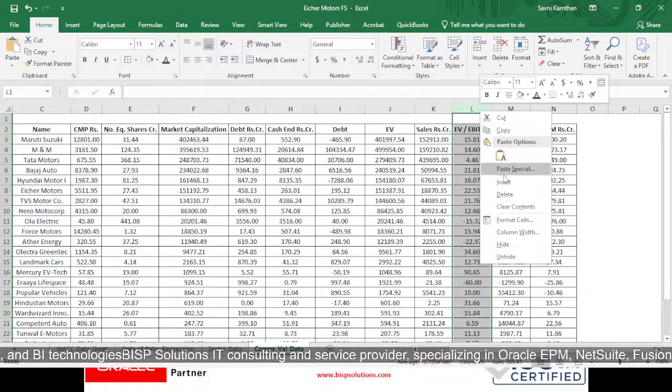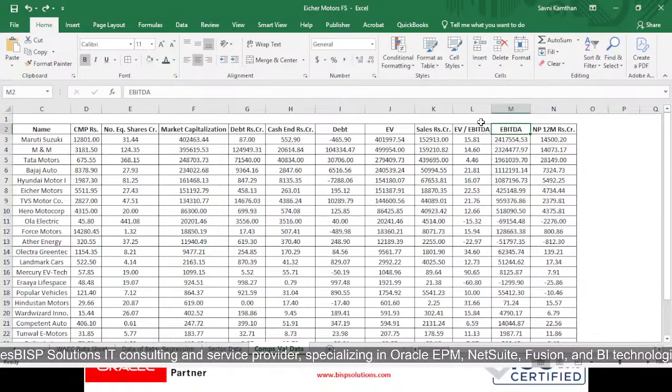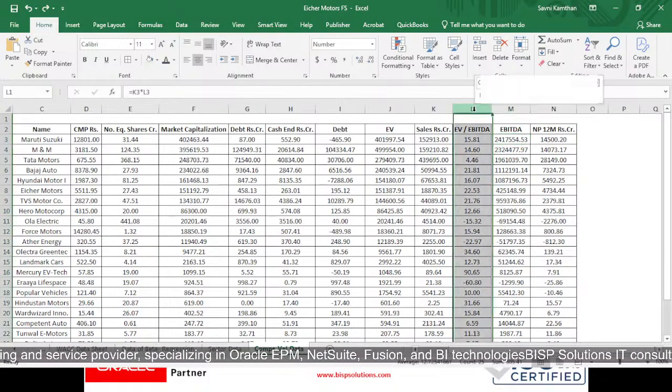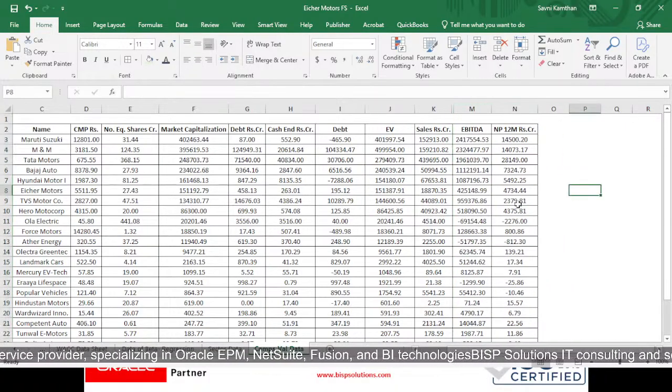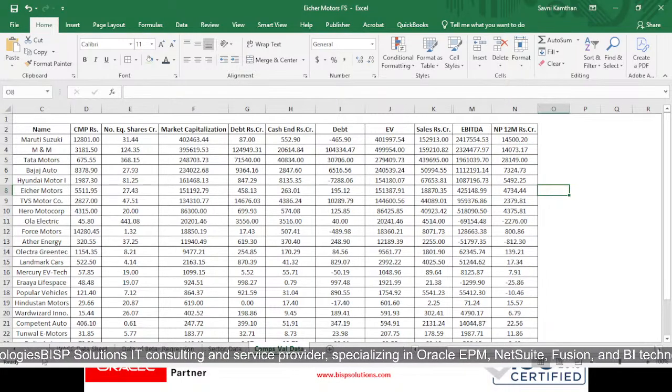So I won't require it and will be deleting it. Okay, I can't delete it, I have to keep it like this. So I can do one thing: I just hide it so that my data is shown as crisp as I want. And here is my net profit, the same as we have copy pasted, right?